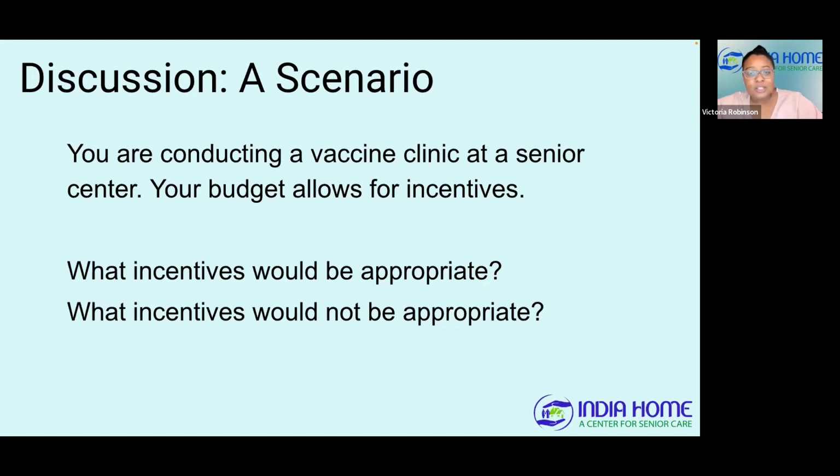What would be appropriate, or what incentives would not be appropriate? Throw some things out there. What would you give out? Remember, this is a vaccine clinic, so they're providing vaccines and you're educating people on why they should get it. What would you give community members for attending this event? If anyone wants to unmute or put it in the chat. If not, I'll give an example, but I'll give you a second.